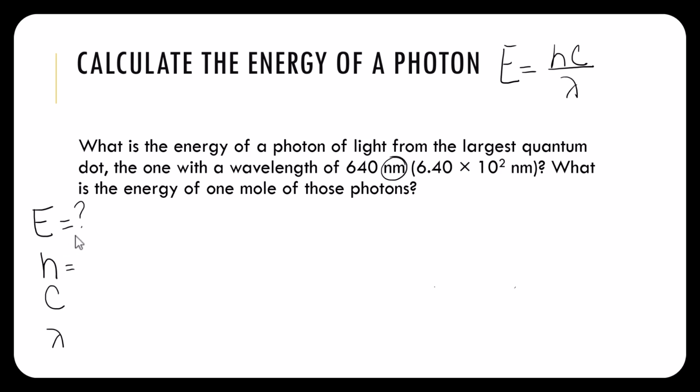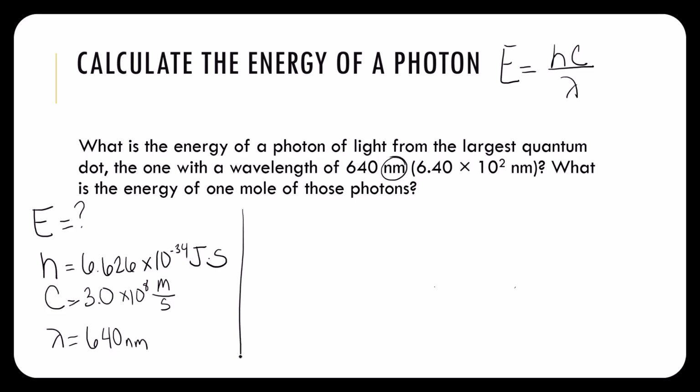Planck's constant, something that's going to be given, is 6.626 times 10 to the negative 34 joules times seconds. For the speed of light, we've got 3.0 times 10 to the 8th, with units of meters per second. And then we've got our wavelength, which is given to us in the problem as 640 nanometers.